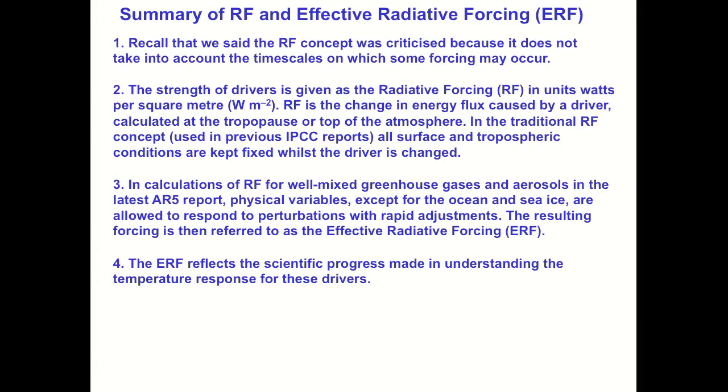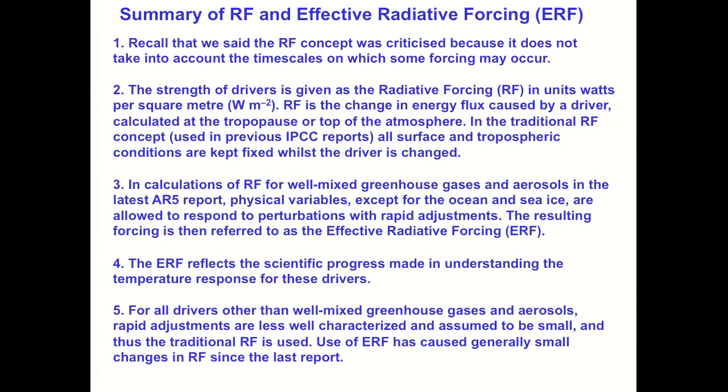Now, for all drivers other than the well-mixed greenhouse gases and aerosols, rapid adjustments are not as well characterized, and they're generally assumed to be small, so we still are able to use the traditional radiative forcing. And use of the ERF has caused generally small changes, particularly in the well-mixed greenhouse gas components of the radiative forcing list.